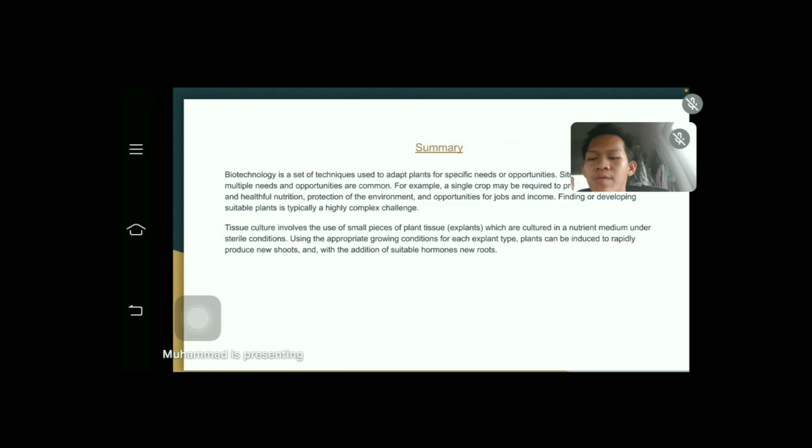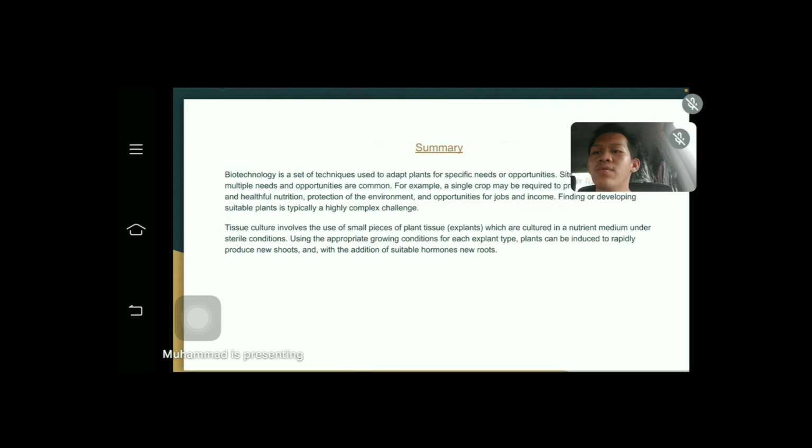Finding or developing a suitable plant is typically a highly complex challenge.